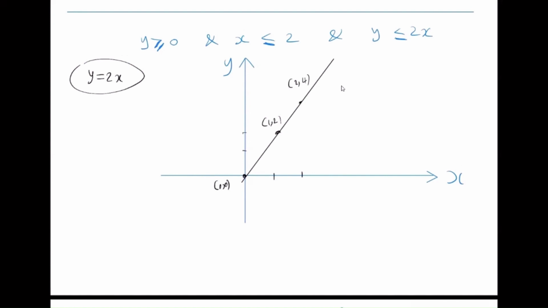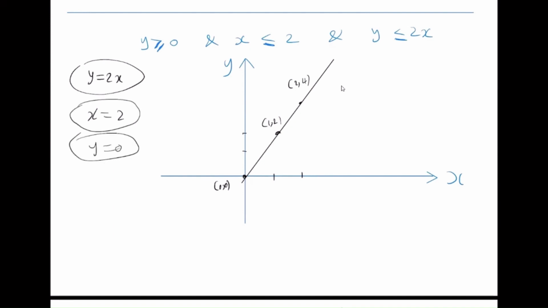Where is x equals 2? When you have x equals constant or y equals constant, you have a vertical or horizontal line. Here x equals 2, and you have this vertical line here. Its equation is x equals 2.